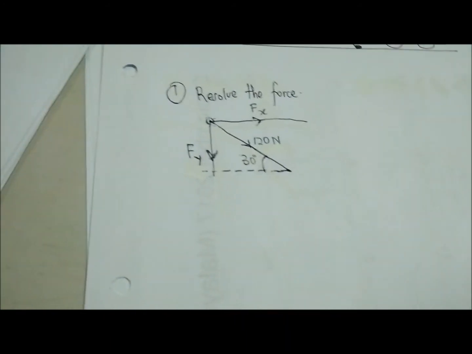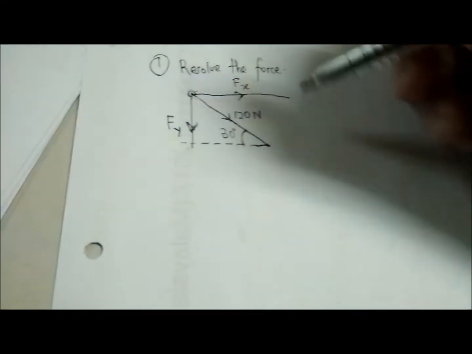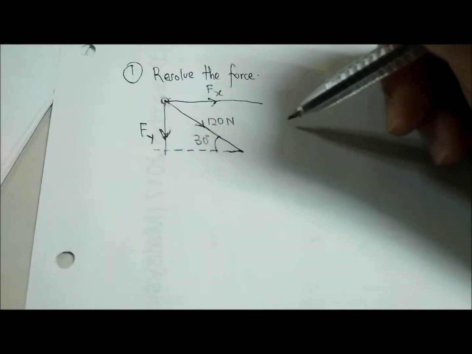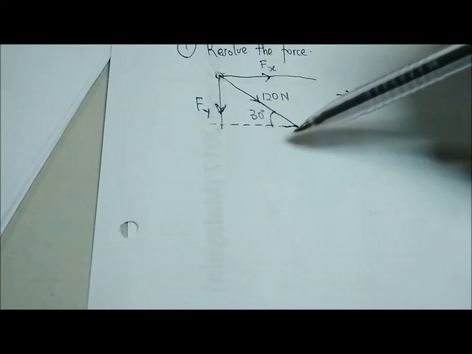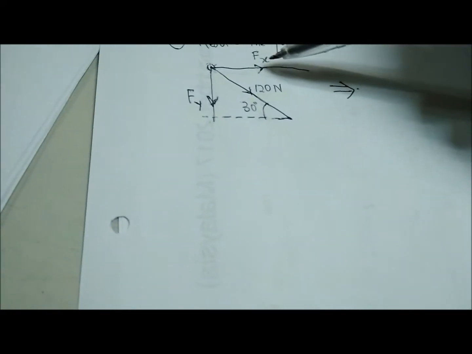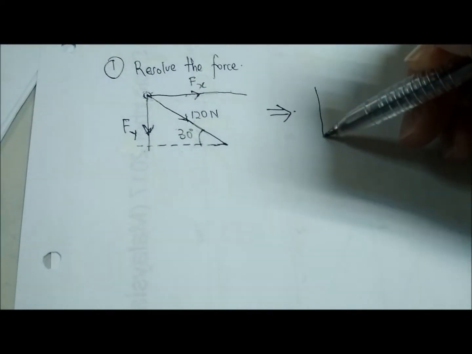From here, you can form a closed right angle triangle. How? Instead of having the x component here, you bring this x component down here. So you will get a diagram like this.